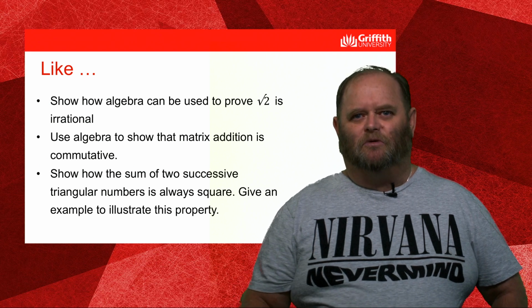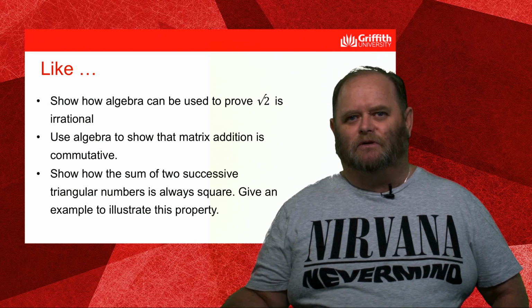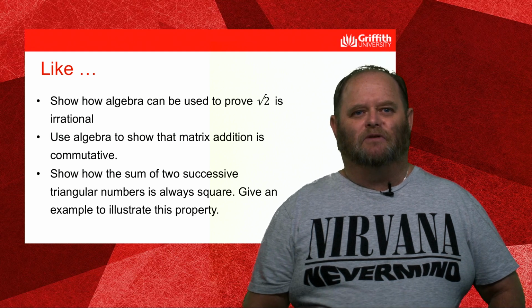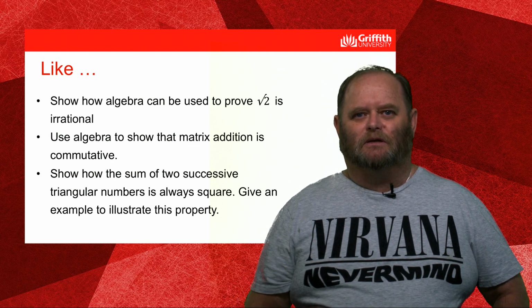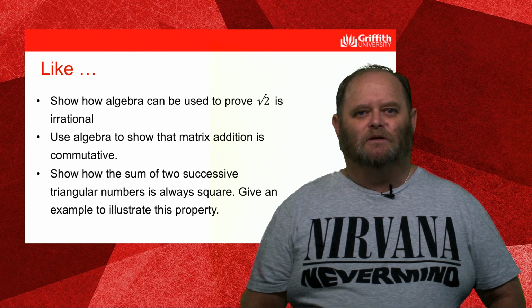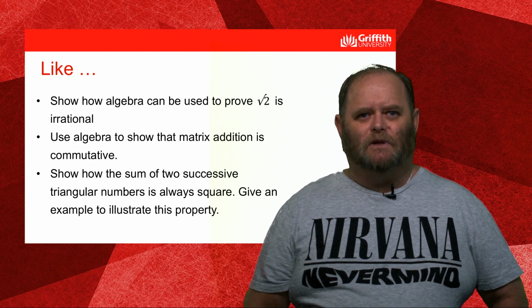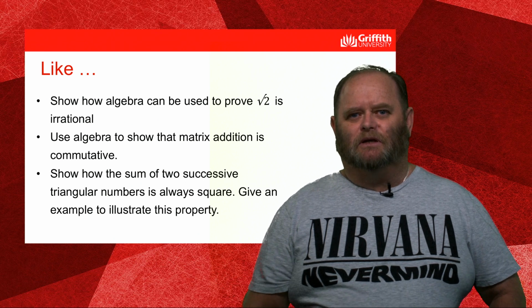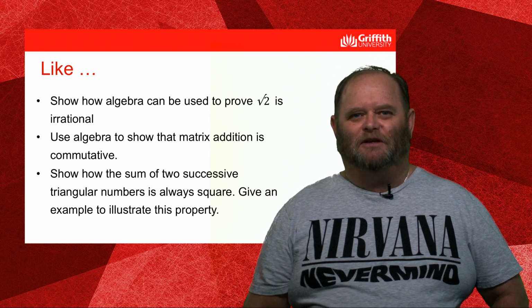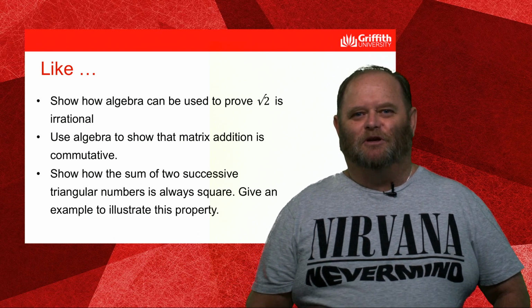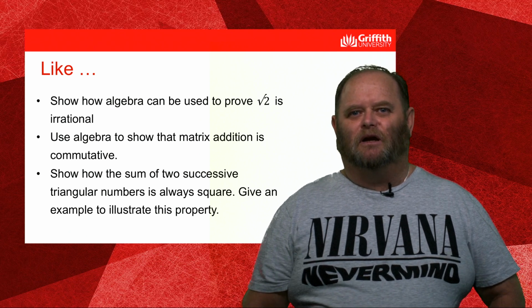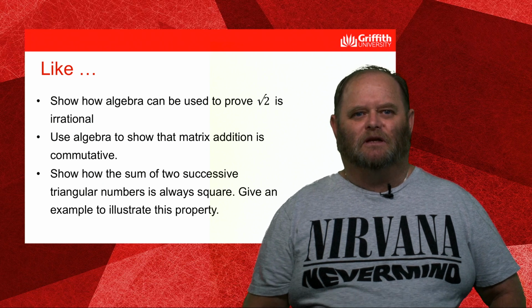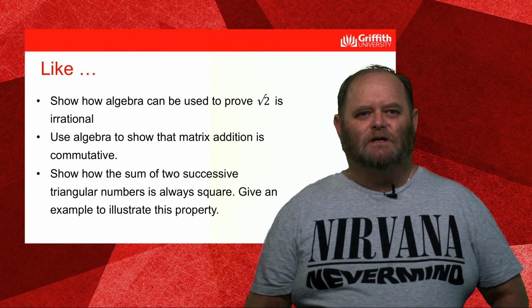We're being a little bit more explicit in saying you've got to address the issue of algebra, demonstrating number and algebraic facility. Similarly, we can show that matrix addition is commutative by using examples, but we might ask the students to do that algebraically, and again, it's demonstrating that algebra sense.